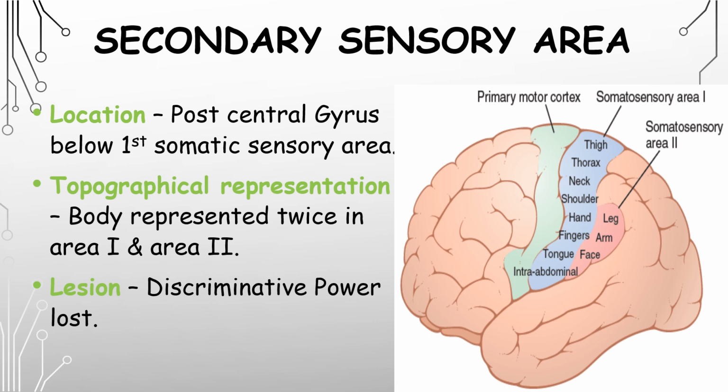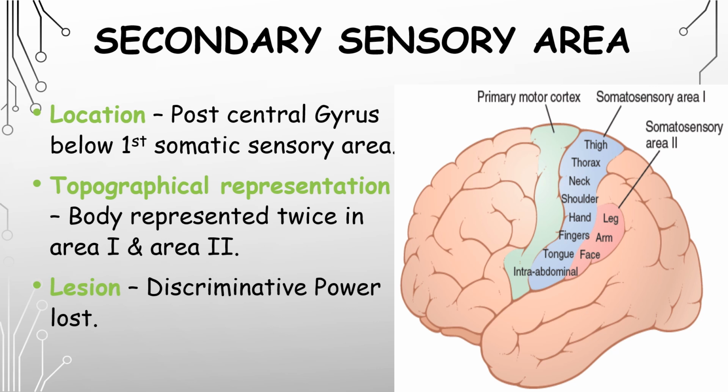Secondary sensory area. It is located in the postcentral gyrus below the primary somatosensory area. This is the secondary somatosensory area. It receives sensory impulses from the primary sensory area as well as directly from the thalamus. Like the primary sensory area, the secondary sensory area also shows the dermatomal sequence of representation, which is called the homunculus.